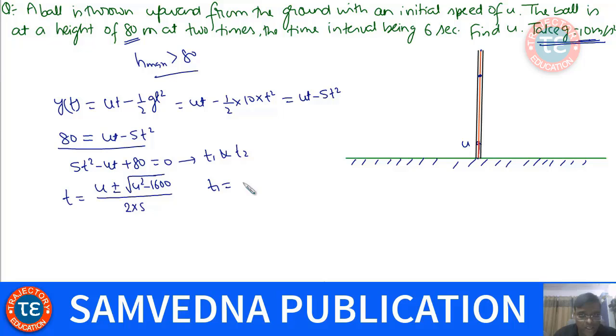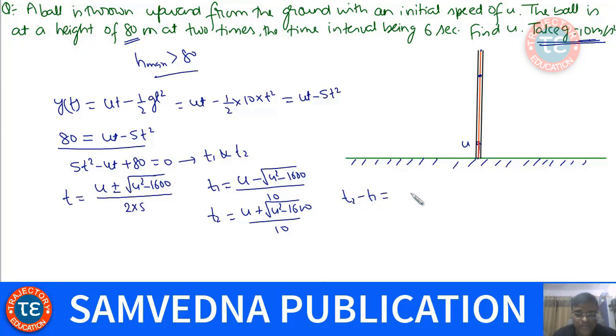So the time when it reaches 80 meter while on upward journey would be u minus root of u square minus 1600 upon 10, and while on downward journey the time instant when it reaches 80 meter would be u plus root of u square minus 1600 upon 10, and this t2 minus t1 would be 6 seconds. That is given in your question. We have to make use of the information which is given in our question.